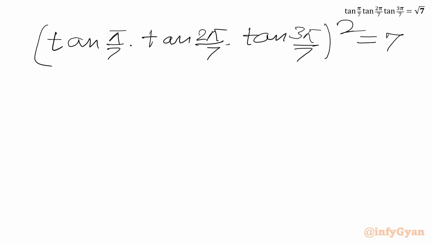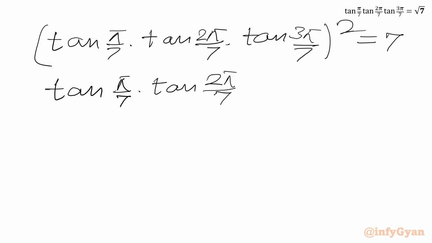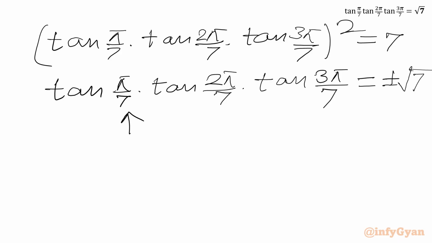Now we will take the square root of both sides, and we are going to get our required proof. Tan pi over 7 times tan 2 pi over 7 times tan 3 pi over 7 will be equal to plus minus square root 7. Now we can see pi over 7, 2 pi over 7, 3 pi over 7, all are acute angles.